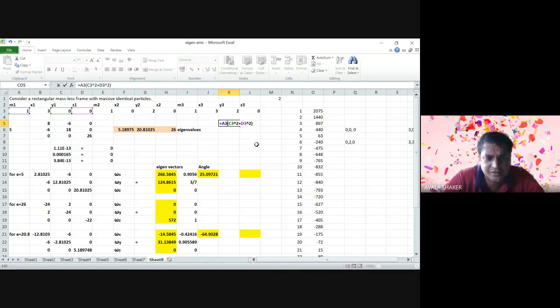There's a multiplication sign missing here, plus you take your m2, your y2 square plus your z2 square, again a multiplication sign here, plus we have m3 times y3 square plus you have your z.